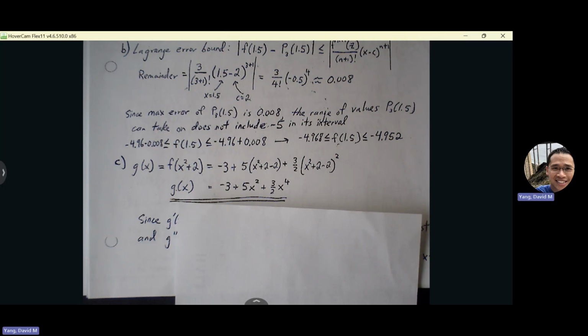The next part of C says use P of x to explain why g must have a relative minimum at x equals 0.